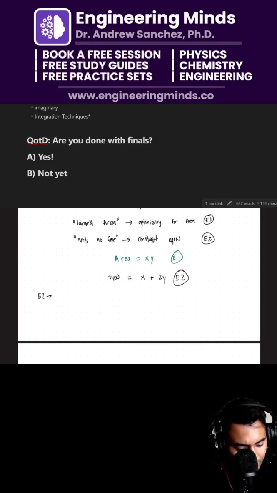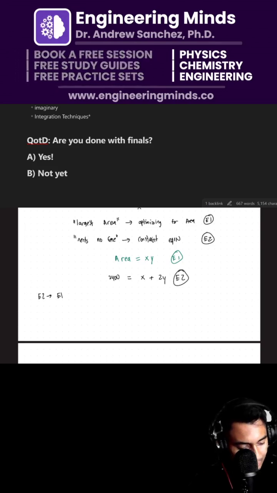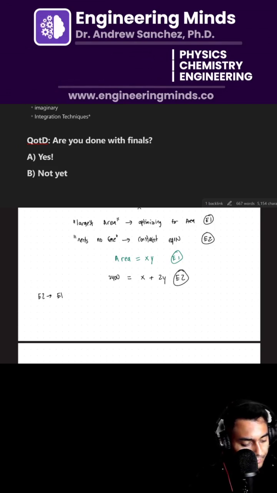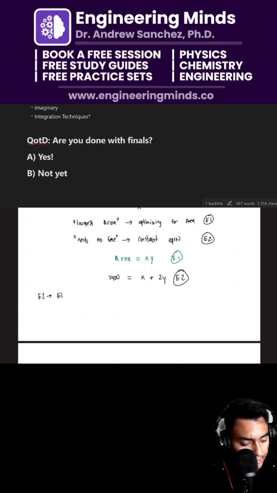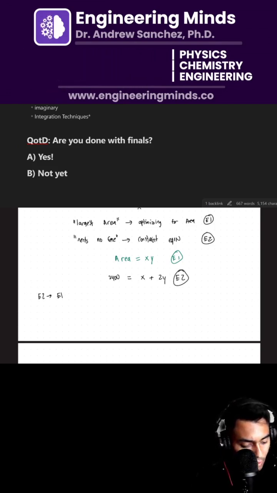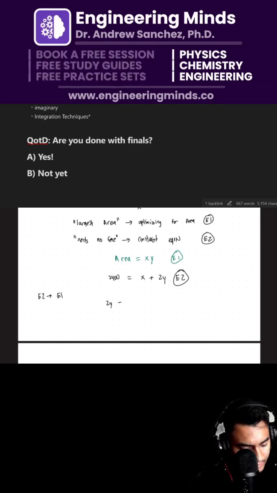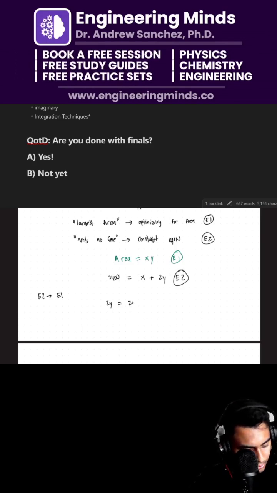So I'm going to plug equation 2 into equation 1 by subtracting both sides by 2y. So I'm going to optimize my x. So I want to solve for y here. I'm going to solve 2y equals 2,400 minus x.